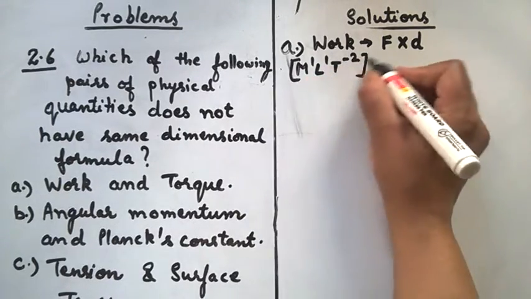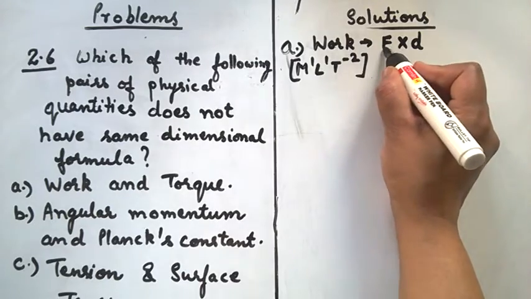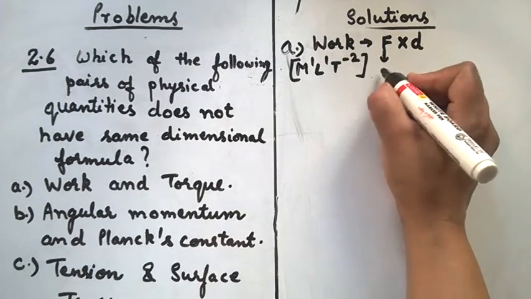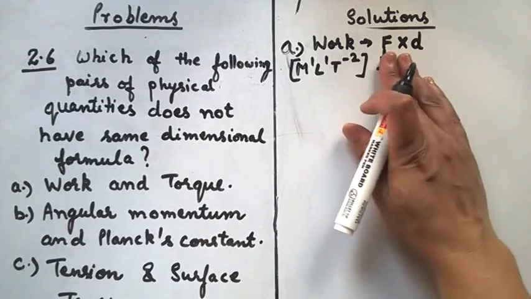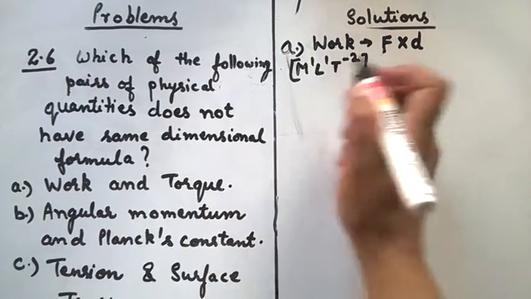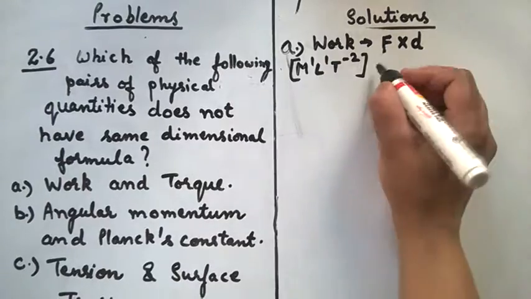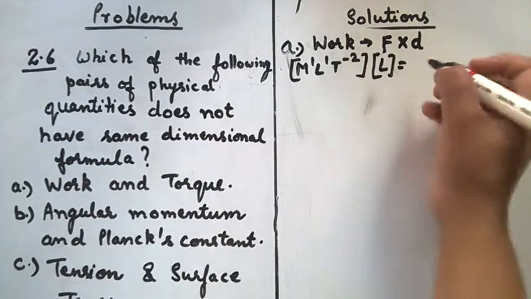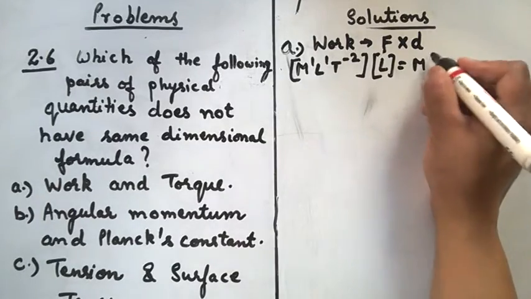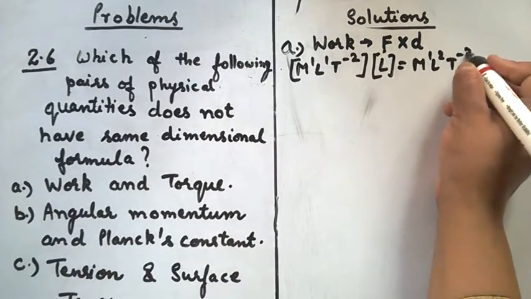If this is not learned by you, then you can simply write the formula of force, that is m into a, and find the dimensions. Force is M1 L1 T minus 2 and distance is L. So the final formula of work is M1 L2 T minus 2.